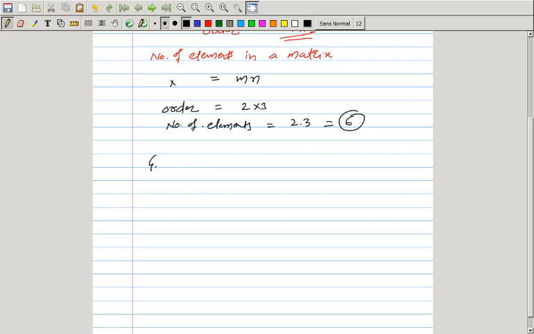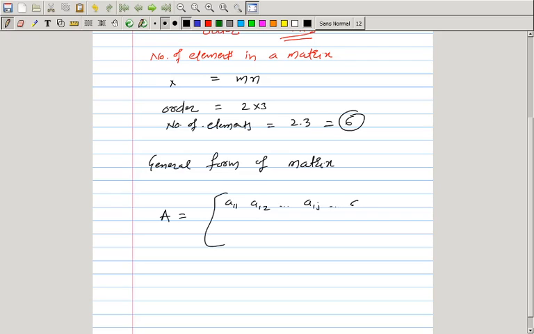Alright, so we have also seen the general form of a matrix, right? So we have written a matrix A in general, that is a11, first row, first column, a12, first row, second element, and so on, a1j, first row, element of jth column, and so on.